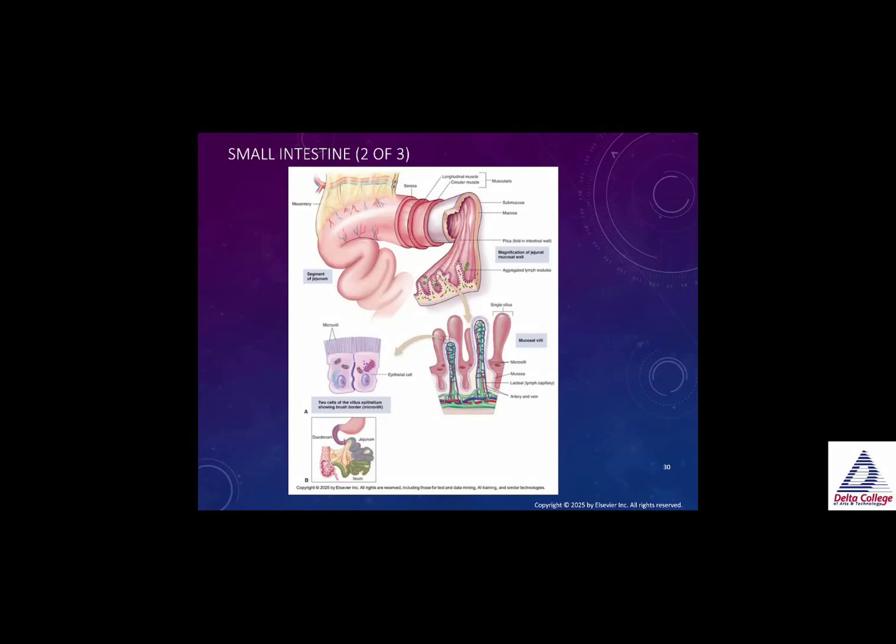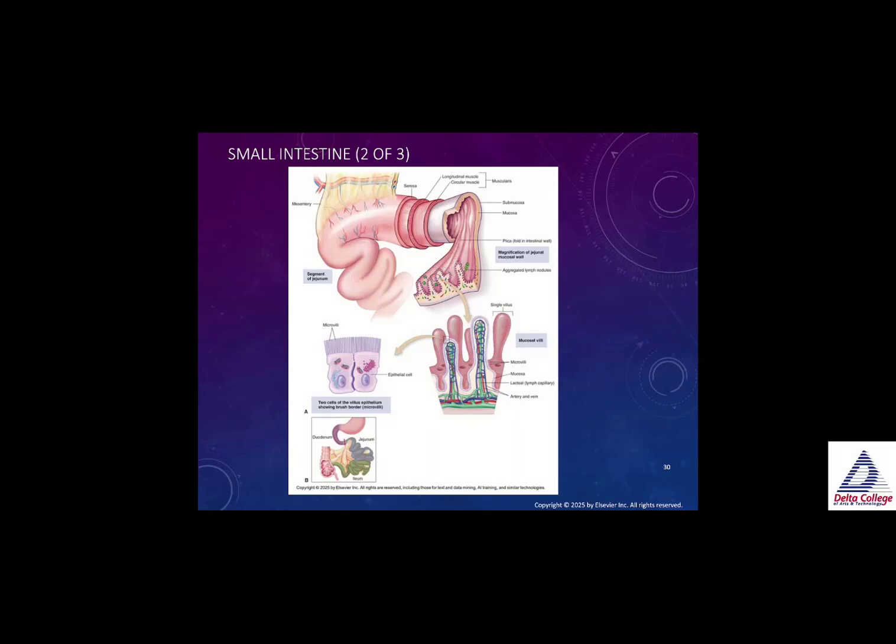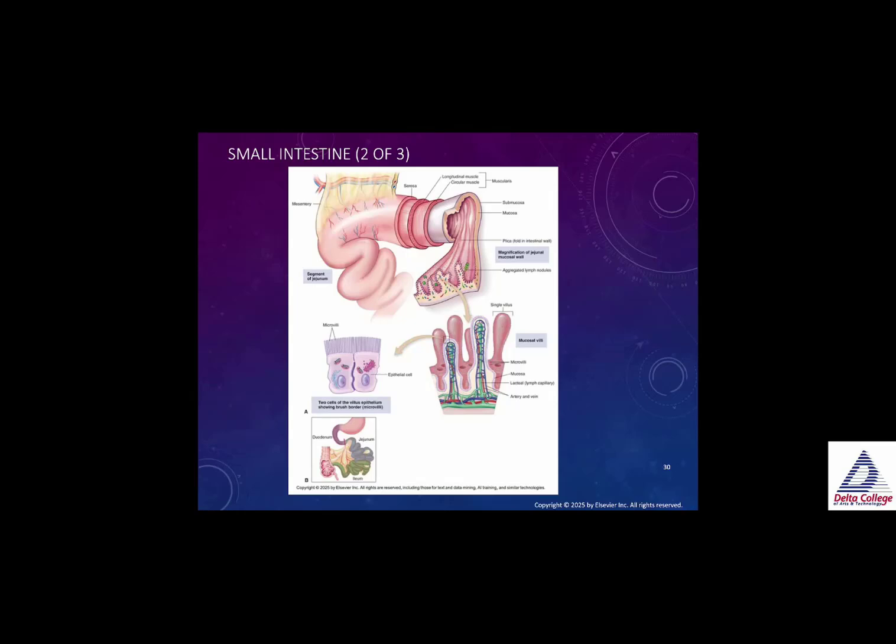So you can see here where it shows the layers of everything, but I want you to look right down on B. There's the duodenum, which is the first part of the small intestine. Then it goes into the jejunum, and then it goes into the ileum. The ileum is the last part of the small intestine, and it actually joins with the large intestine in something called the ileocecal valve.